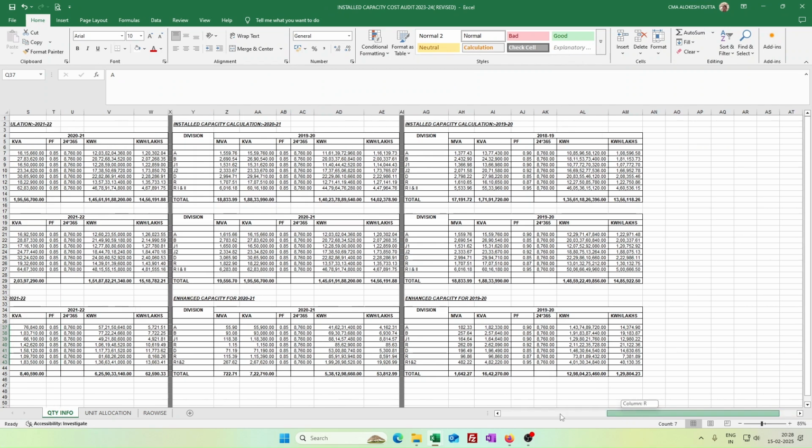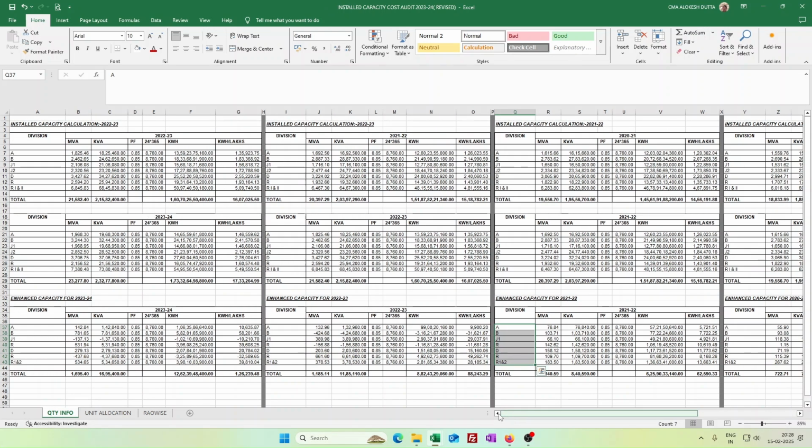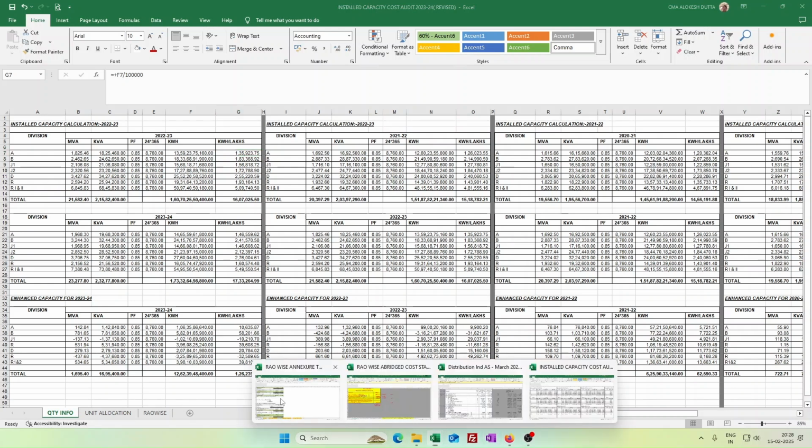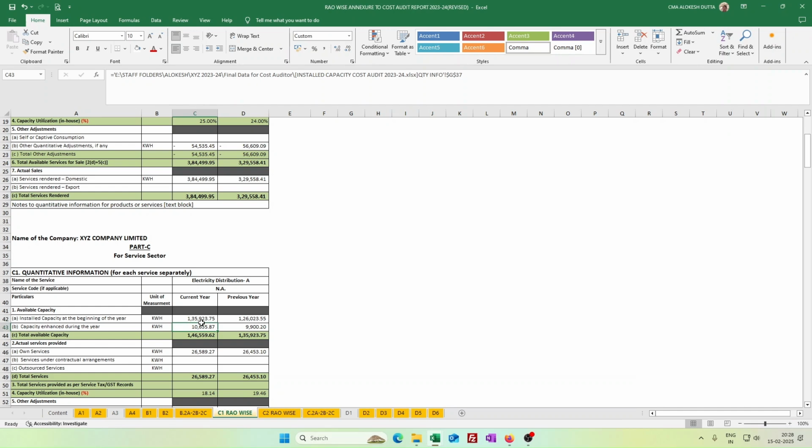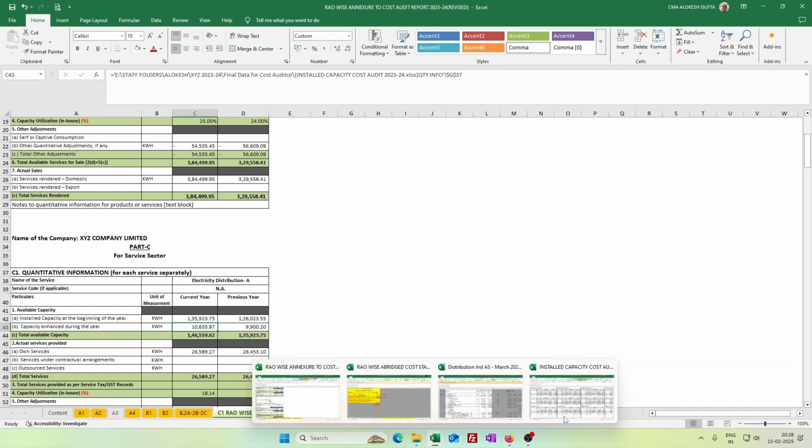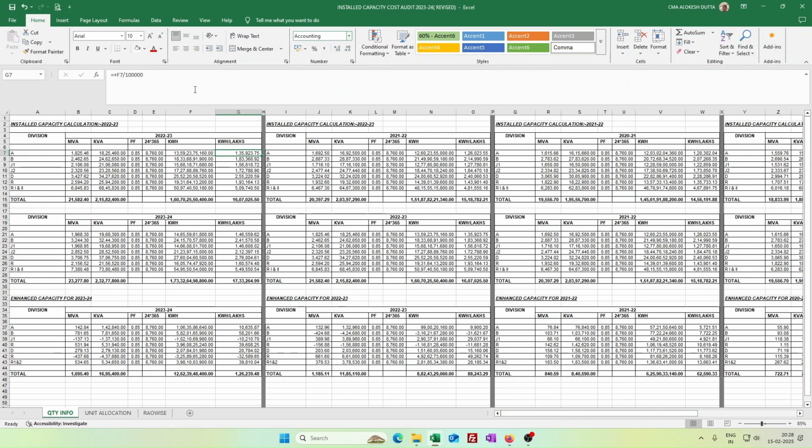This is the figure for A, 135,923.75. This is the installed capacity enhanced during the year.